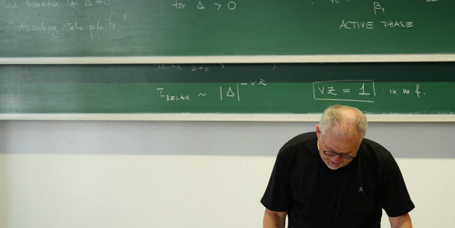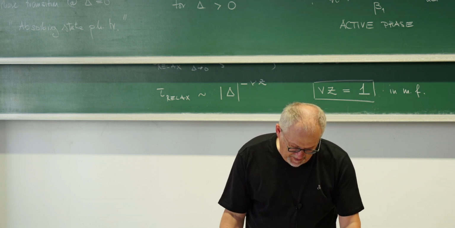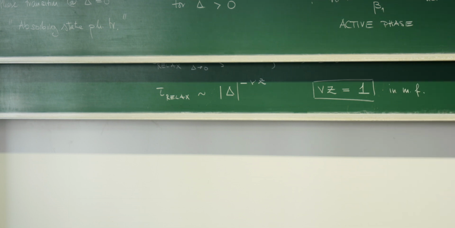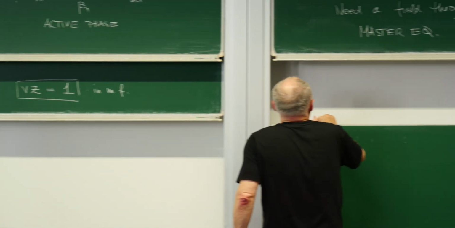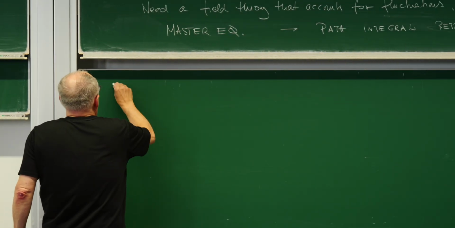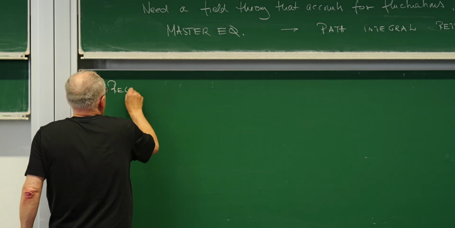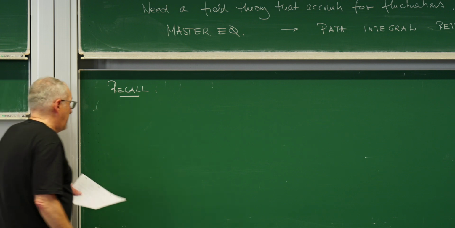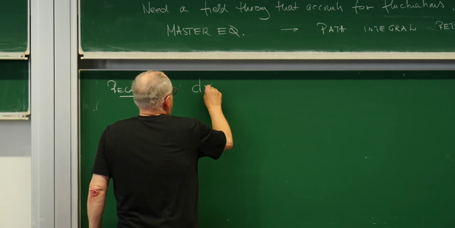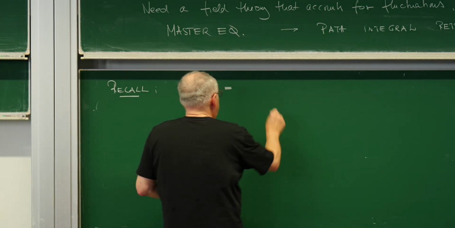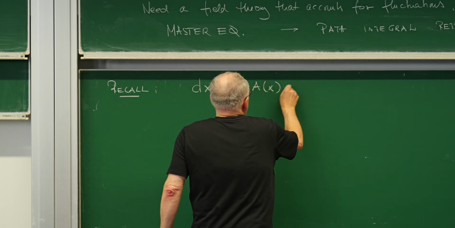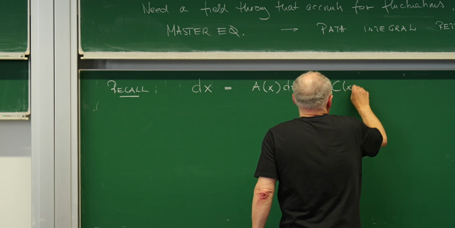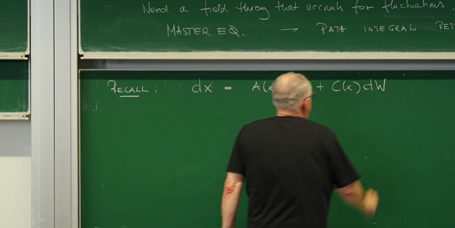Let me, before we go there, remind you of what we had for other path integrals. So recall, and we need this on the board, that we were discussing for a particle the following general form of a Langevin equation. This is all vectors.